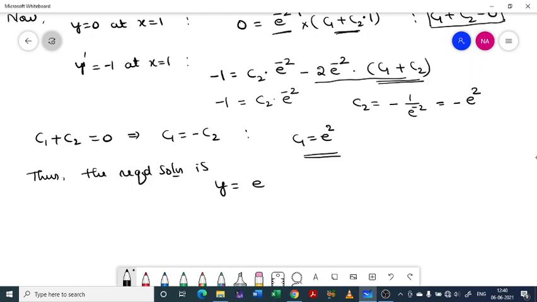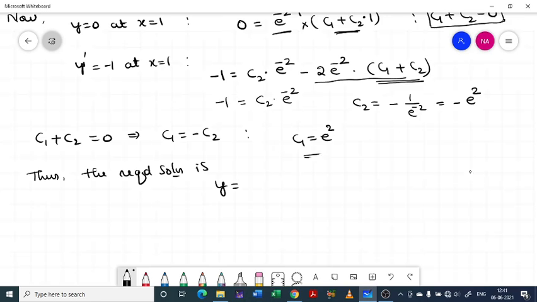e power 2 common term, e power 2 c1 place, 1 minus x. Okay, I think sorry this is not correct.